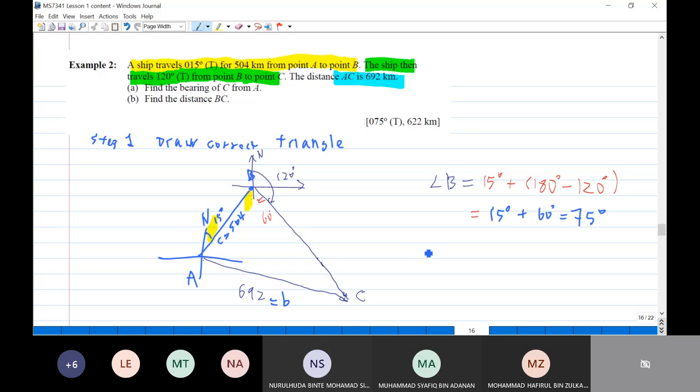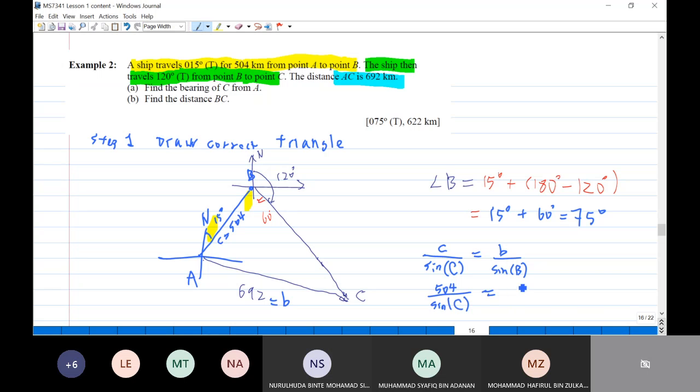First of all, C over sine angle C is equal to B over sine angle B. Okay, this is one possibility. So we know that C is 504. Angle C we don't know.